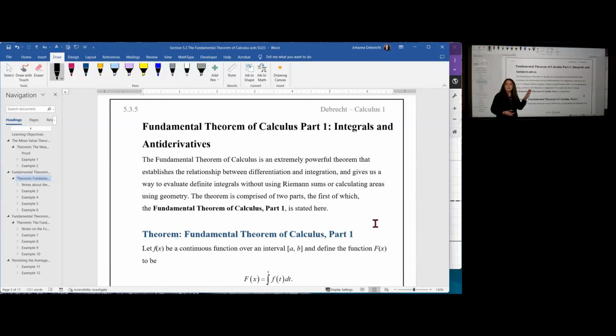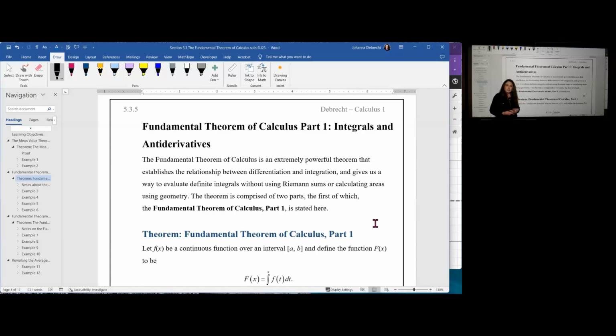In fact, it's the most important theorem in calculus. This is going to give us the relationship between differentiation and integration. And we're going to learn ways to find the value of the area between the curve and the independent axis without using Riemann sums or calculating areas of geometric shapes.